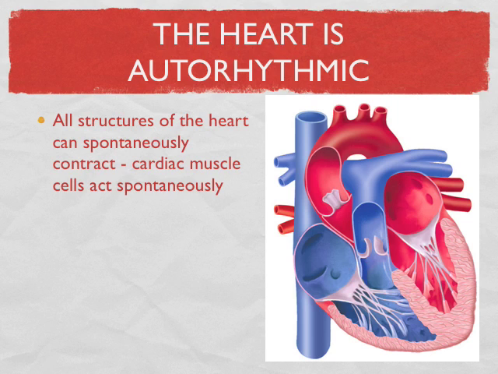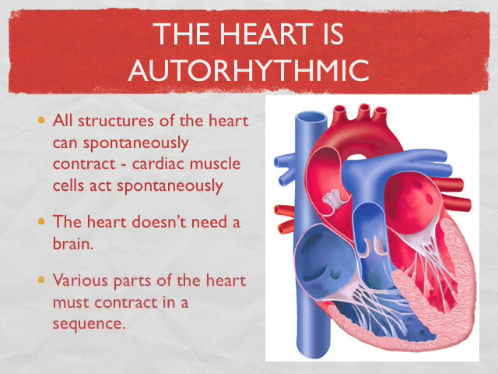And if that was starting up in several different places in the heart all at the same time, the heart could be very chaotic. But the heart is autorhythmic. Its cells can spontaneously contract. The heartbeat does not require a brain. Your brain can influence the heart's contractions, but it cannot cause the contraction or cause any change in the rhythmicity of the heart.